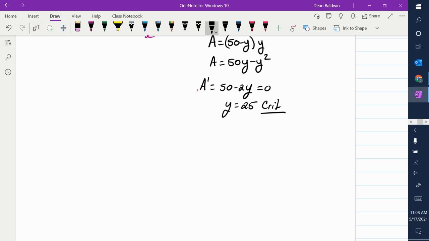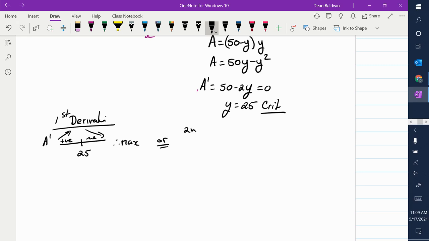So if you're going to do first derivative test, number less is positive, number on the other side is negative, therefore it's a max.